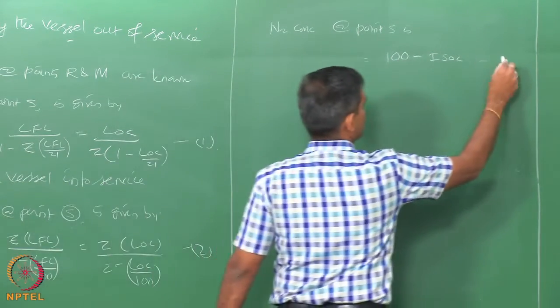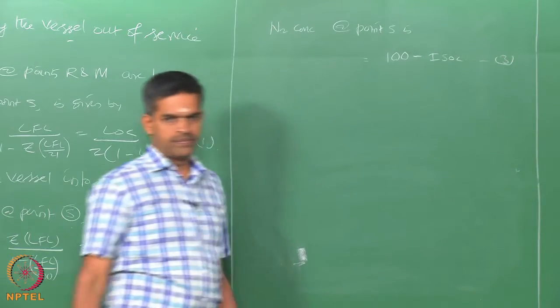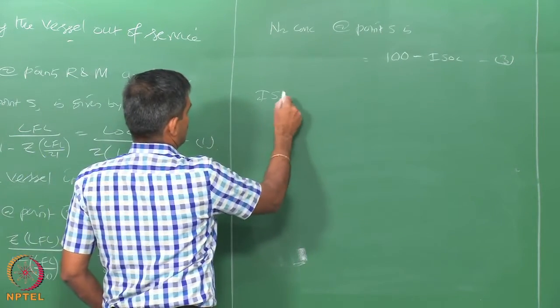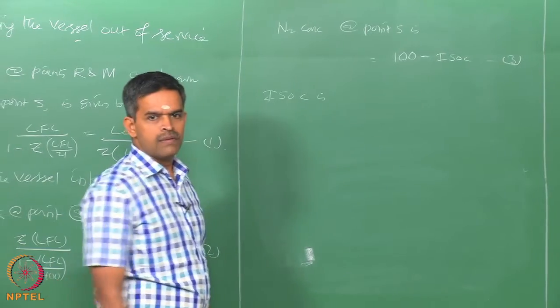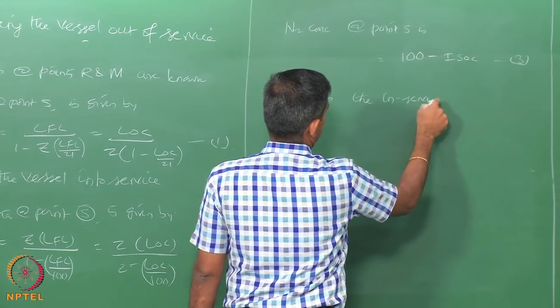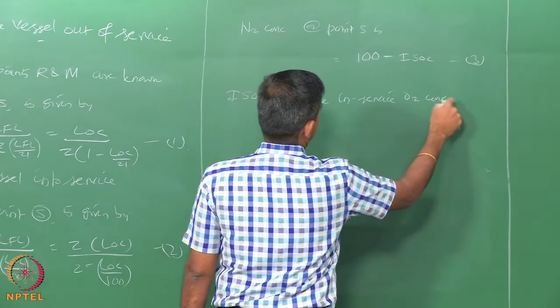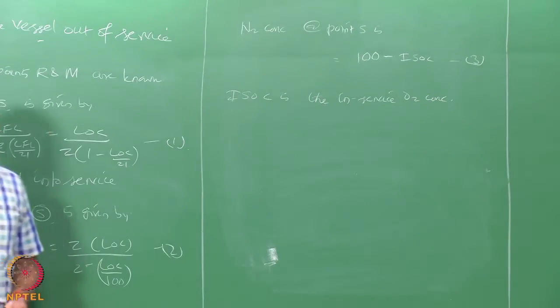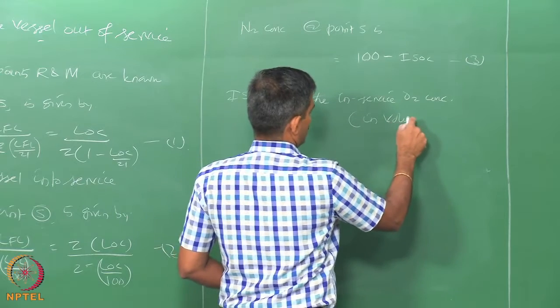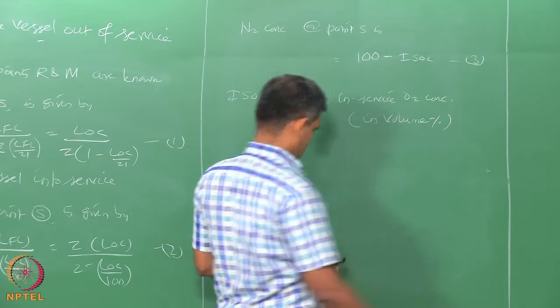So, equation number 3, where ISOC is the in service oxygen concentration, expressed in volume percentage.